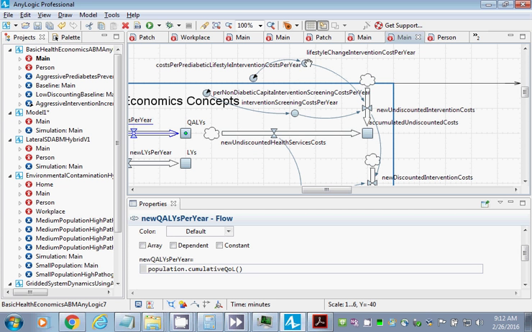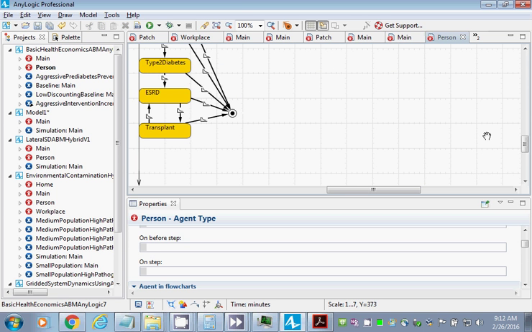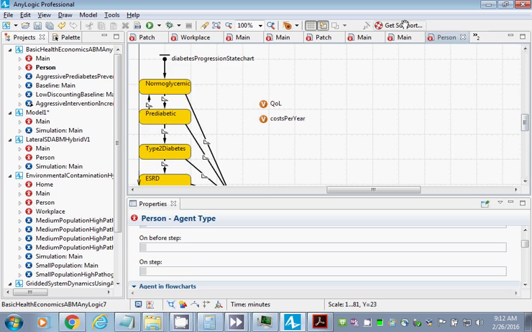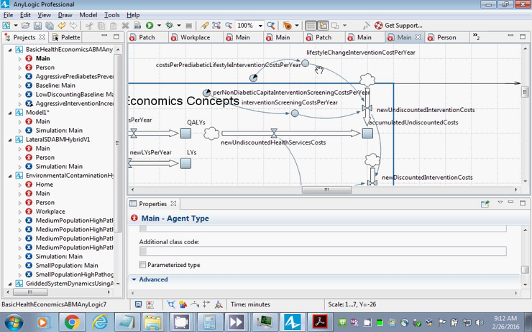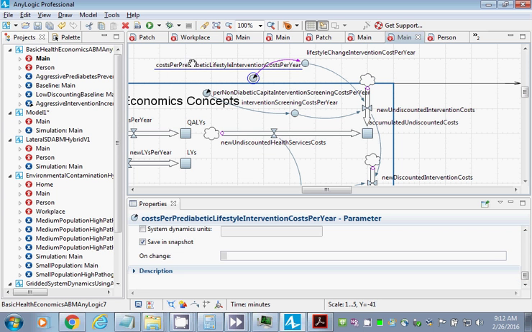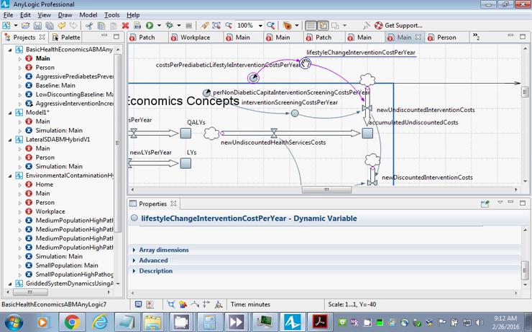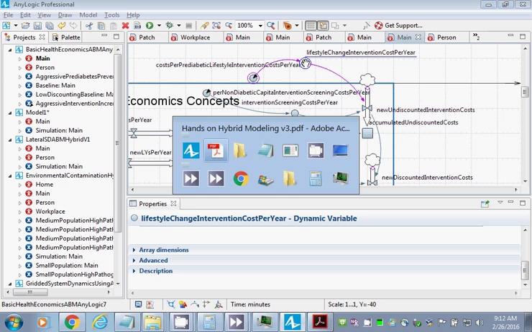So this is an example, ladies and gentlemen, of a model where the behavior of these particular agents ends up affecting aggregate dynamics that are captured by stocks and by flows. Okay? So this is agents driving an aggregate system dynamics model.